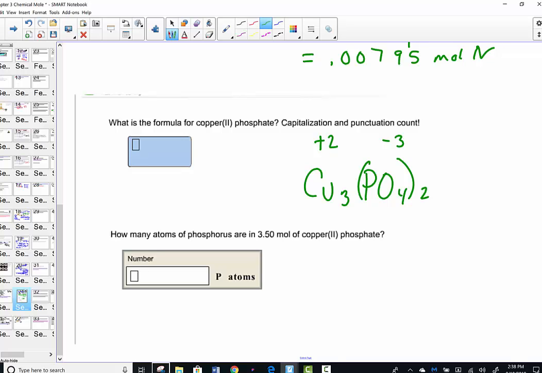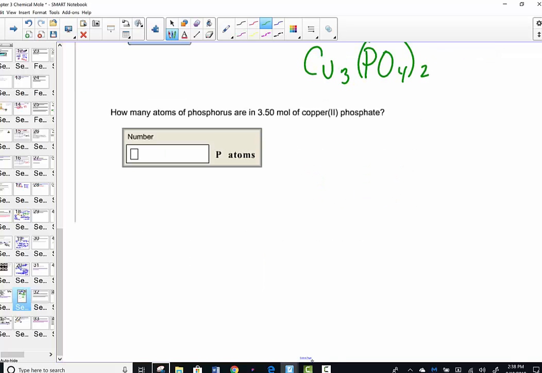Once we get the formula down, we're then practicing the mole map skill. How many atoms of phosphorus are in 3.5 moles of copper 2 phosphate? How many atoms of phosphorus? How many conversion factors would you predict just based on the word clues in that story problem?